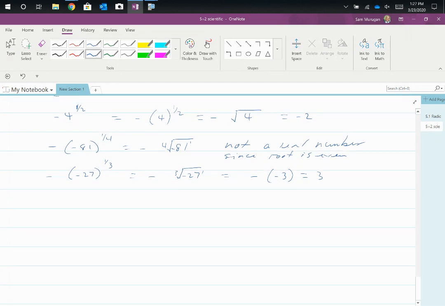If I've got to convert 8 to the power -1 over 3, I make it a reciprocal, and when we make it a reciprocal, the sign on the power changes to +1 over 3. And this is the third root of 8 to the power 1, which is 1 over 2.